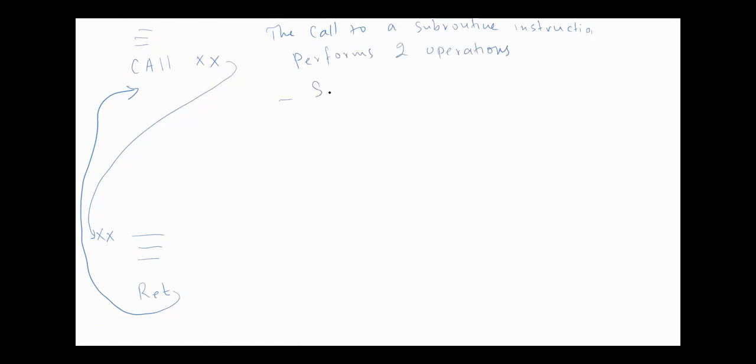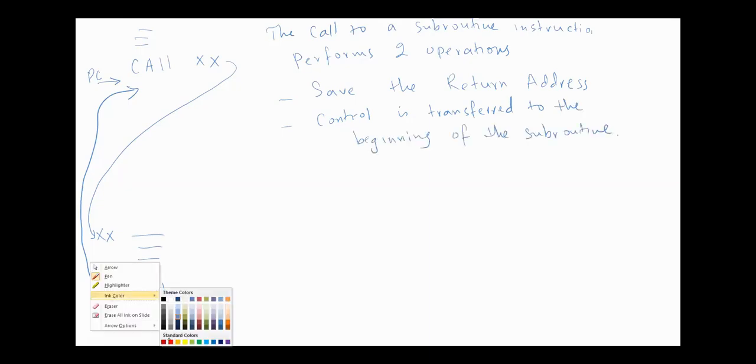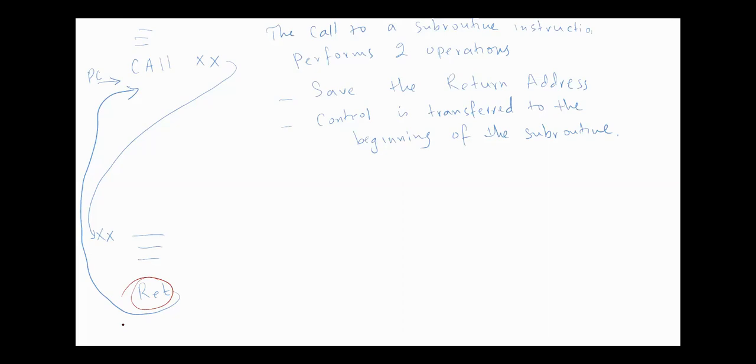First, we have to save the return address, which is the contents of the program counter, and control should be transferred to the beginning of the subroutine. The last instruction in the subroutine returns control to the calling program by transferring the return address into the program counter.